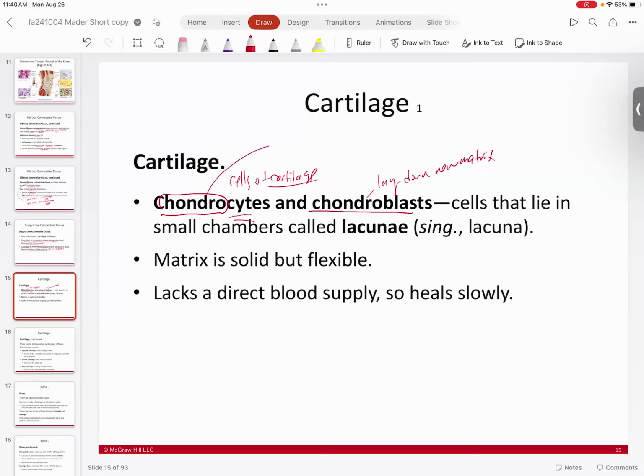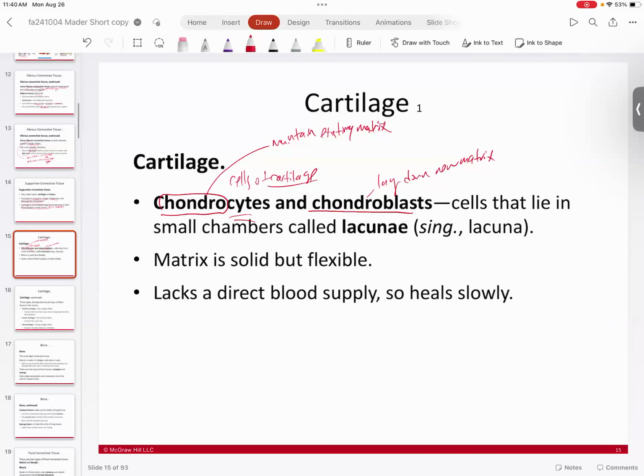And the chondrocytes basically maintain existing matrix. So the matrix then being very flexible, and so it will kind of be able to bend a little bit to be flexible and things like that.